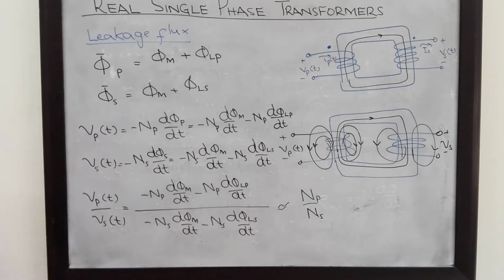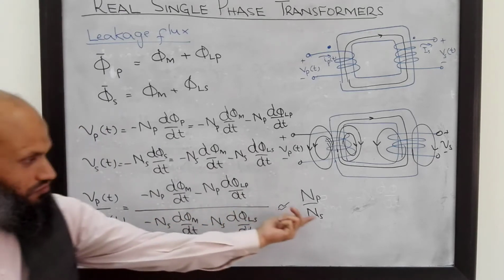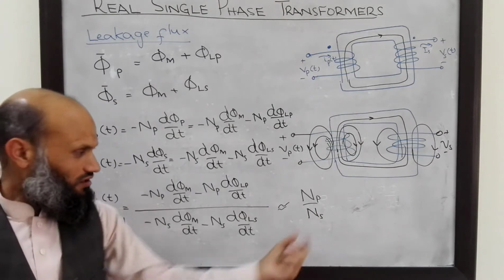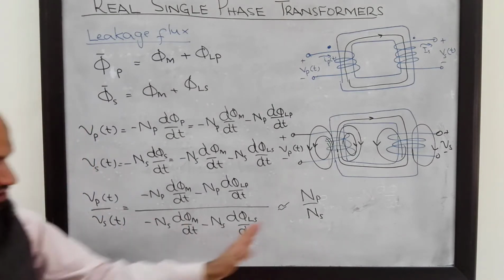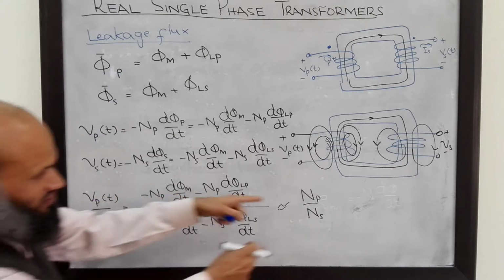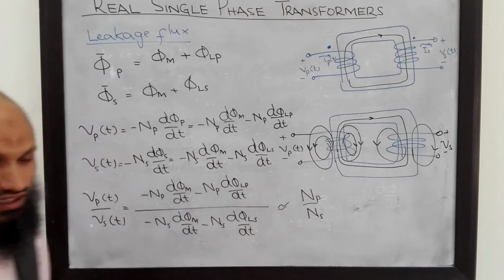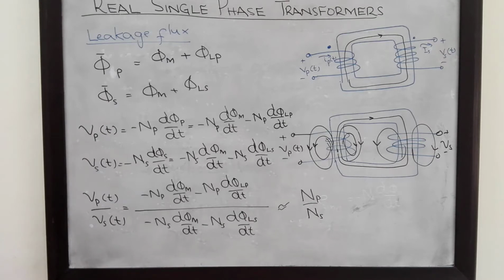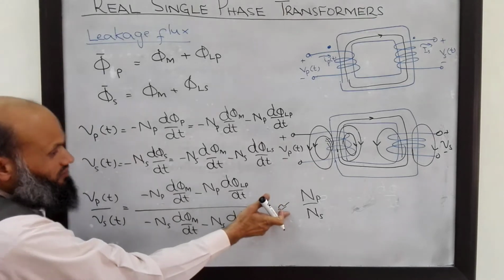Hence, for a real transformer, this relation which we have already studied, that was for an ideal transformer, that is, the ratio of primary and secondary voltage is equal to the turns ratio, was exactly valid. However, for a real transformer, this is only approximately applicable.